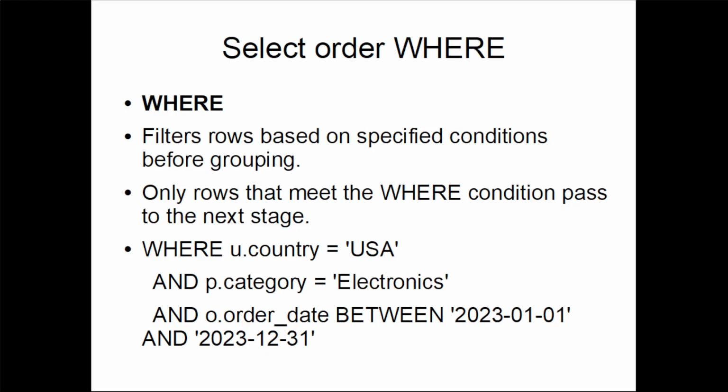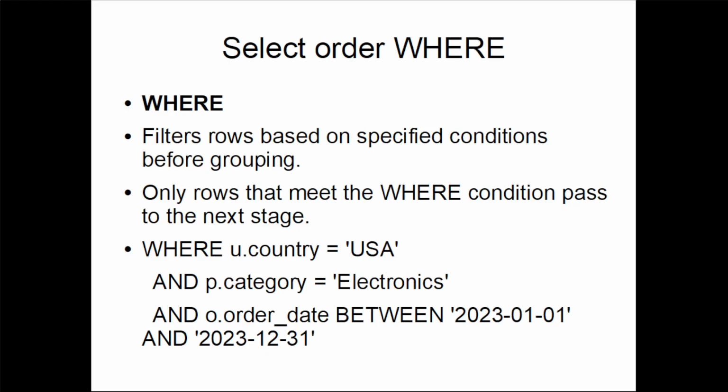Unlike the having clause, which we cover later, where works on individual rows, not grouped or aggregated data. This means you cannot use aggregate functions like count or average in where, those belong in having because they require grouping first. The database processes where before group by, so it does not know the average salary yet. Instead, you use having after grouping.